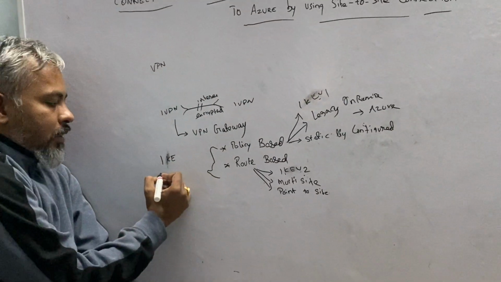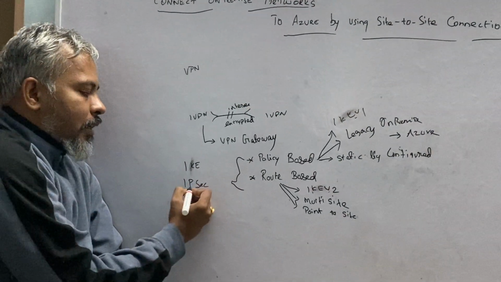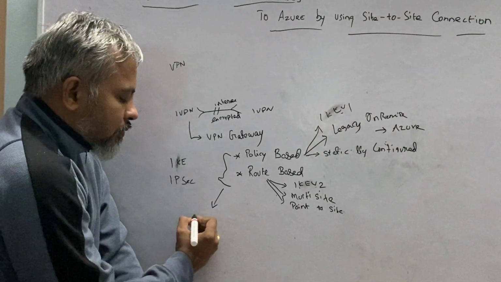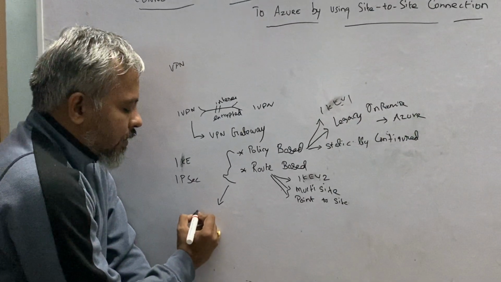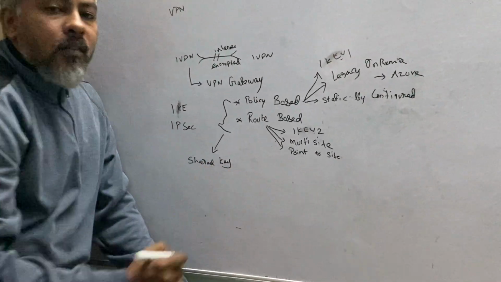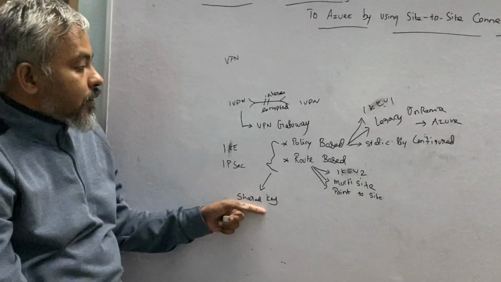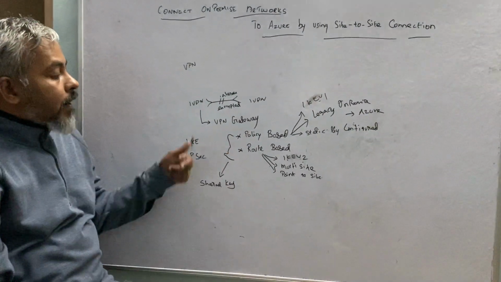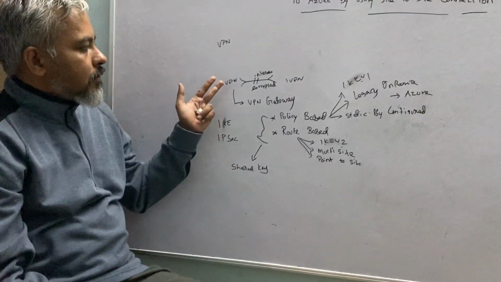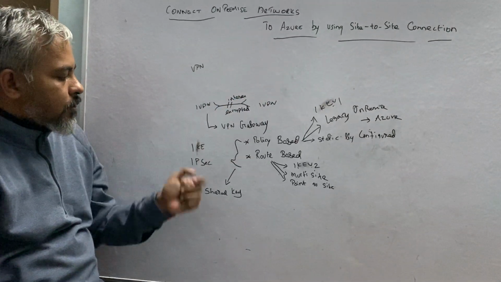Internet Key Exchange, and it uses the protocol IPsec, Internet Protocol Security, and both rely on a shared key. We'll see that in a moment. Both rely on a shared key for each communication. For example, when you define a virtual network, you communicate through an encrypted shared key, and here also.